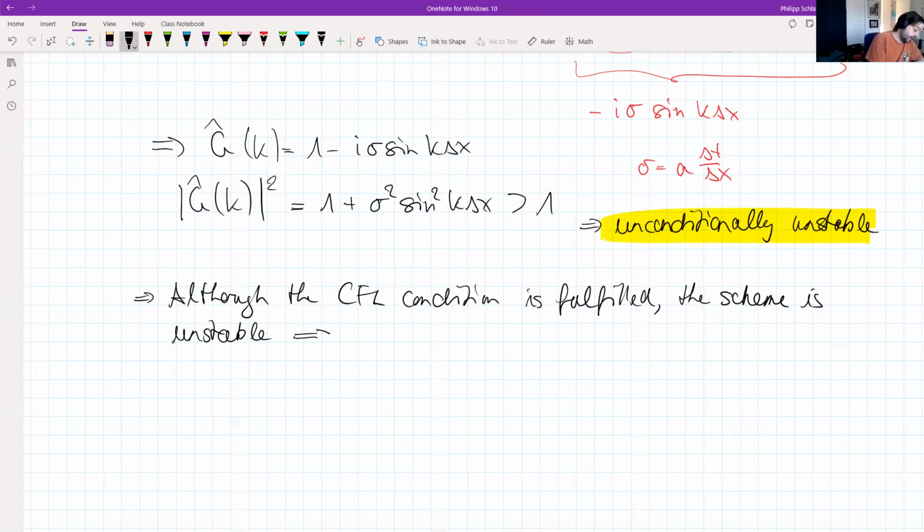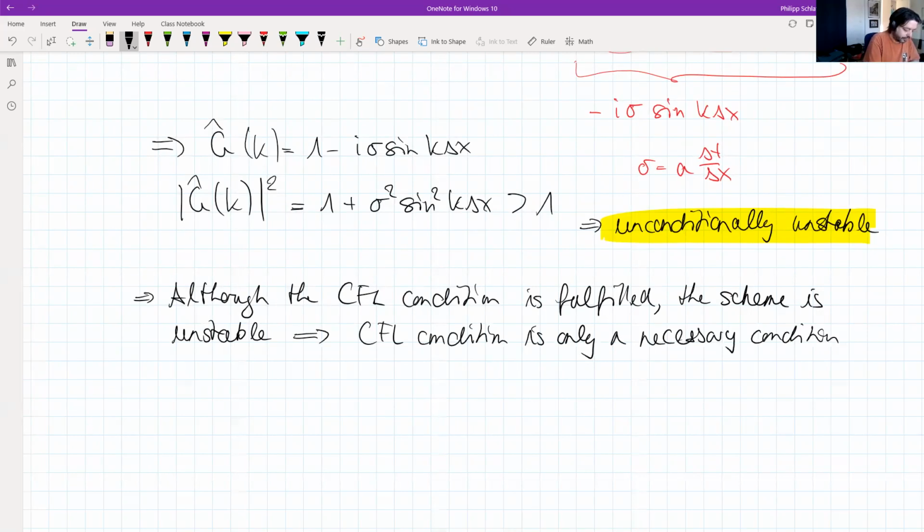And of course, this is absolutely possible because the CFL condition is only a necessary condition, not a sufficient condition, as opposed to the von Neumann analysis.